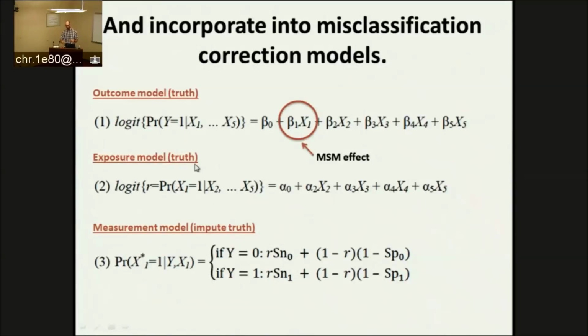So we know that someone is self-reporting their identity, or self-reporting that they've had male partners, conditioned on other variables that would predict this exposure. And while we're doing that, we multiply it by the sensitivity and the specificity to impute what someone's true MSM status is, what their true sexual behavior is, based on this misclassified exposure variable.